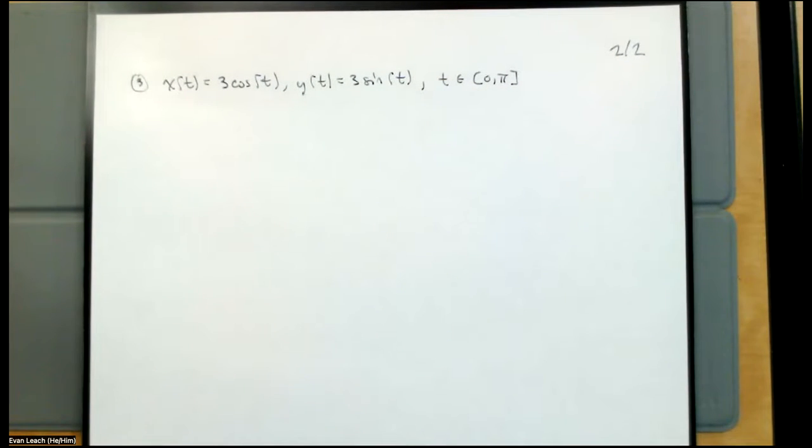Once again, we want to find the equation of a line tangent to this curve that's now been parameterized at a given point.